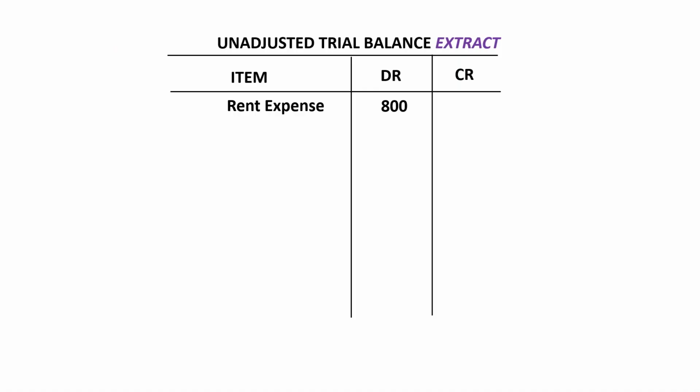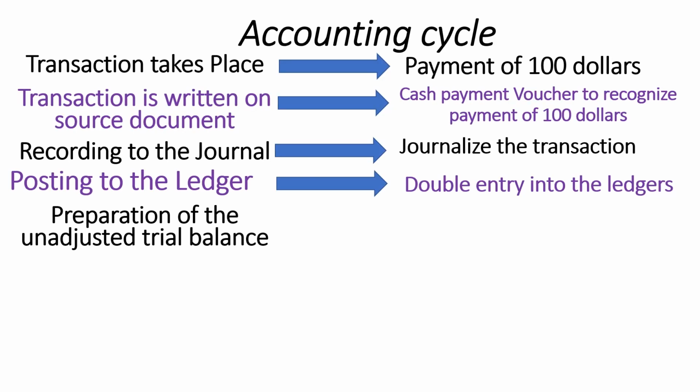In other words, we have created the trial balance, and now that we have realized that some amount of rent has been incurred but has not yet been paid, we need to adjust our rent account to make sure that we recognize the rent that we incurred. Now, this rent that has been incurred but has not yet been paid is what we call an accrued expense, or accrued rent in this specific case.